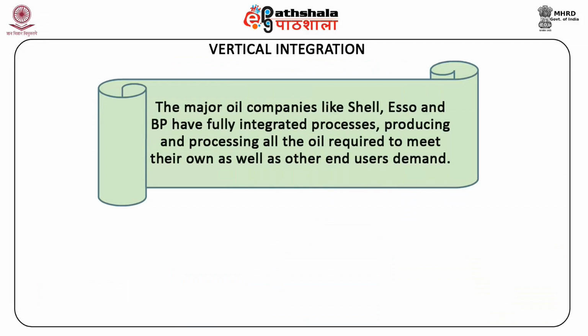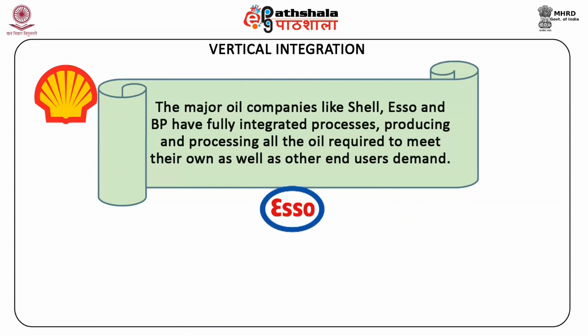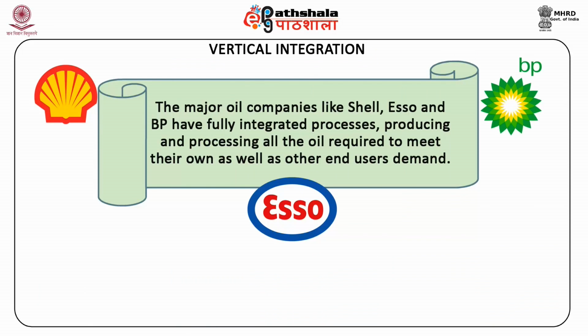The major oil companies like Shell, Esso, and BP have fully integrated processes, producing and processing all the oil required to meet their own as well as other end users' demand.